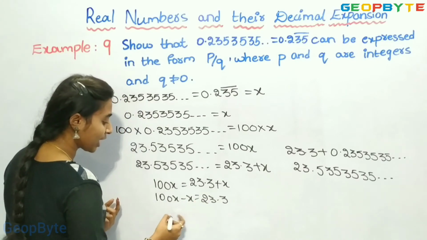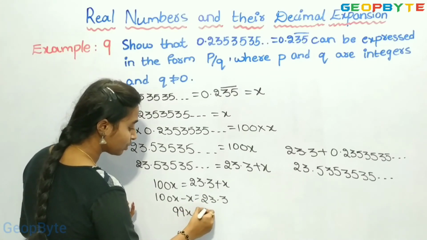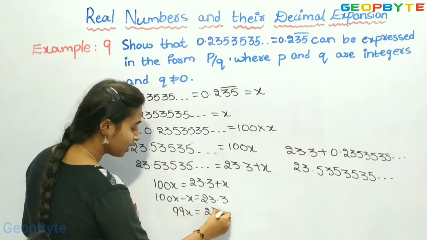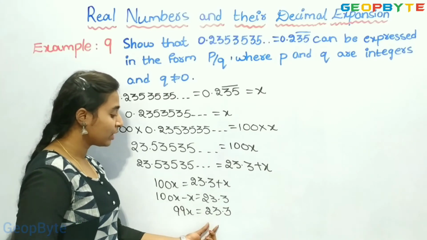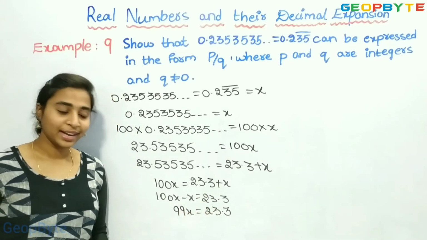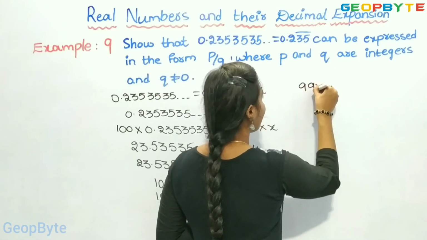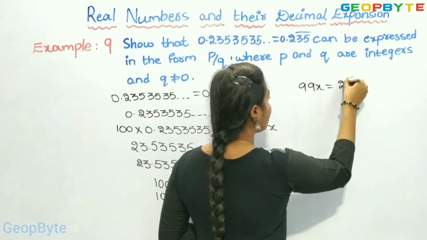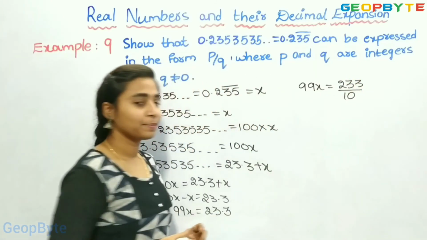So, 100x minus x is equal to 99x is equal to 23.3. Now, if you see, we have this number in decimal form. Let us convert into fractional form, that is 99x is equal to 233 by 10.